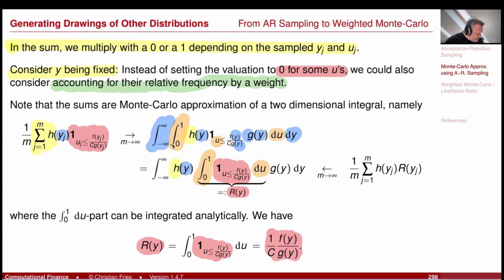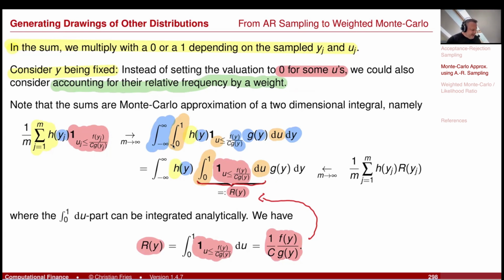So if you plug this in here, you now have for this part the analytic solution 1 divided by c, f of y divided by c, g of y. Then you see that what is left here is a one-dimensional integral. It's just the integral h of y times this part here times g of y dy.